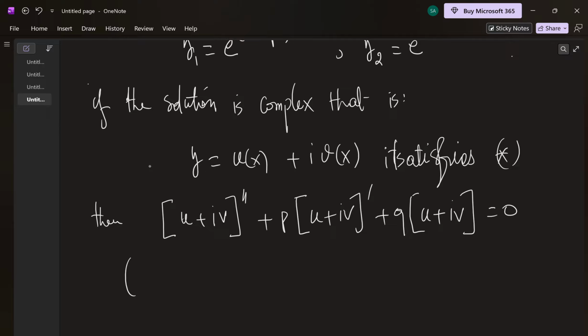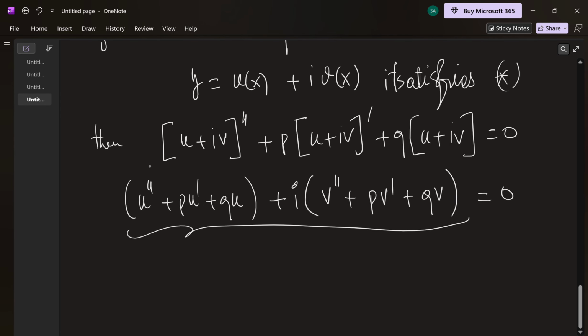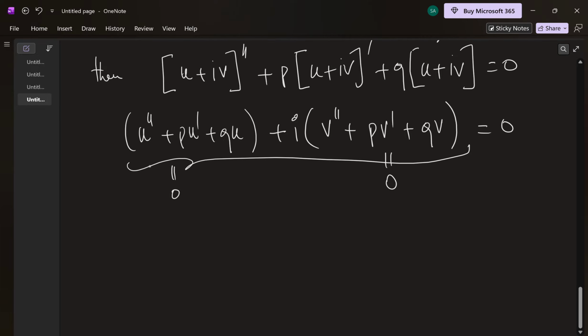So we should get something like this: u double prime plus p u prime plus q u, plus i times the other part, v double prime plus p v prime plus q v, is equal to 0. And remember, this is a complex number. For a complex number to be equal to 0, we should have its real part equal to 0 and its imaginary part equal to 0. This means that we have two equations of this form.